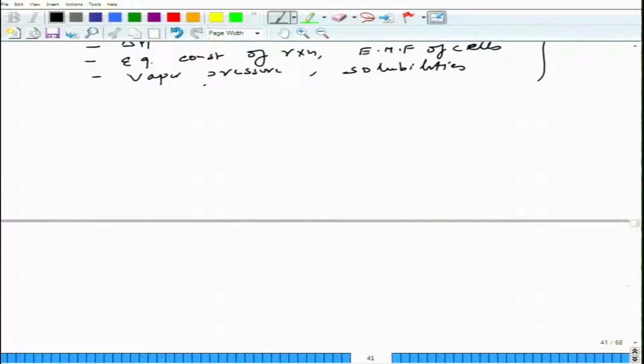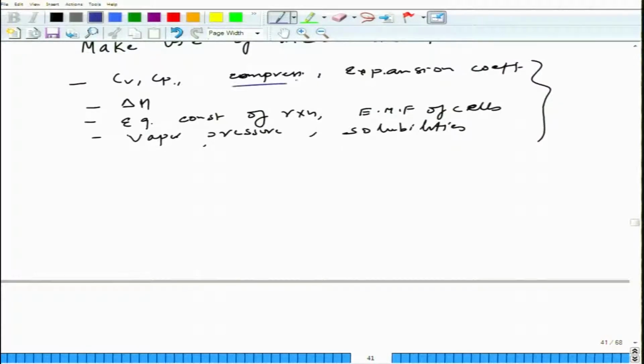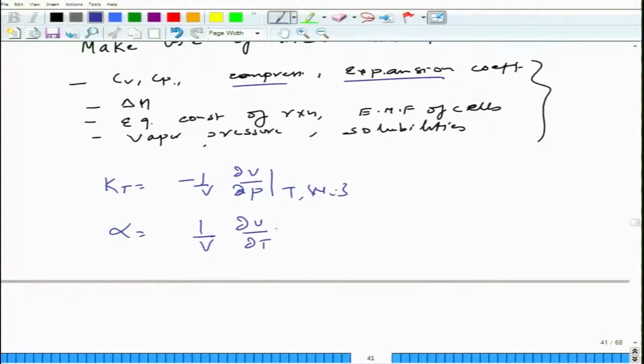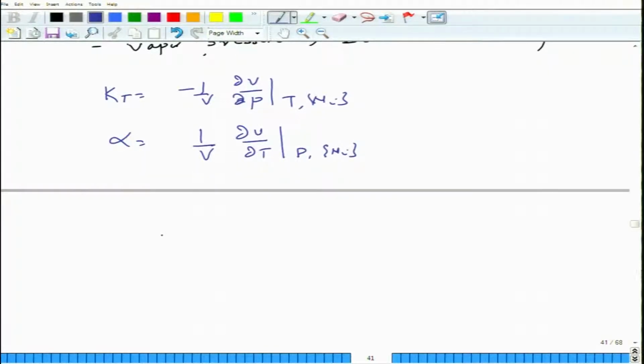So let me comment here, because we talked about compressibility and expansibility. kT is minus 1 by V dou V by dou P at constant temperature, and alpha is 1 by V del V by del T at constant P. Now, these are positive values, and we can show later that del V by del P should be negative for stability, and hence K should be positive.